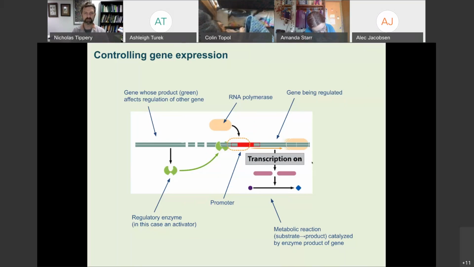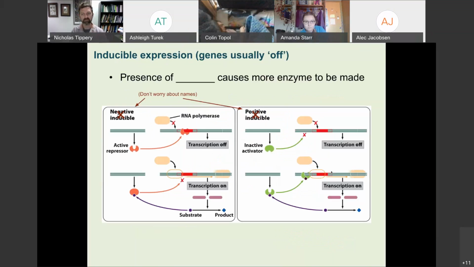Whew, time for some examples, huh? Okay, so here's some cases of inducible expression. And I've got some crosses over the terms that your book uses. There's already a lot to keep track of with inducible, repressible, activator, repressor.